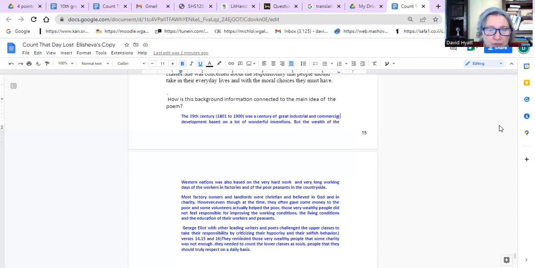But the wealth of the Western nations was also based on the very hard work and very long working days of the workers in factories and of the poor peasants in the countryside.